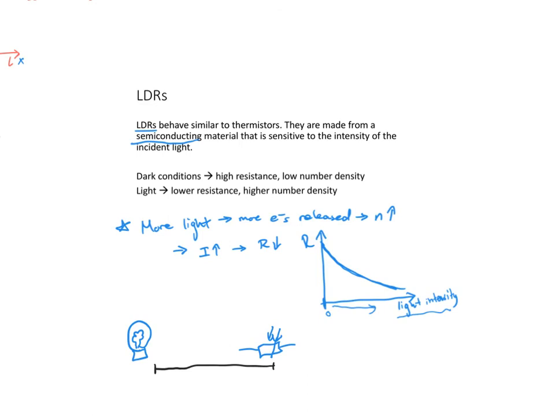So obviously, the closer you get to the light bulb, the higher the light intensity. You should have a sensor that measures the light intensity only. That's the only difference. So you need a light sensor, and a voltmeter and ammeter, and that's how you will get the resistance against light intensity.